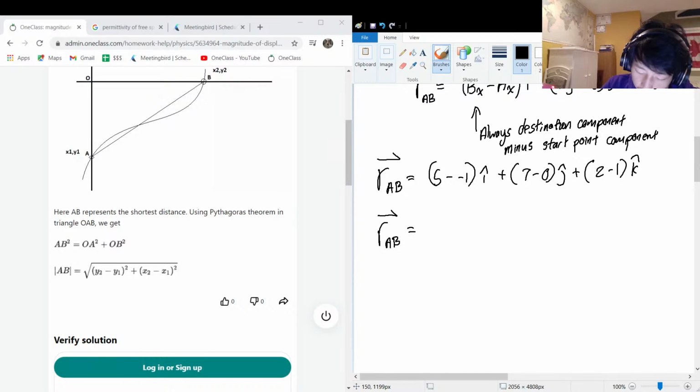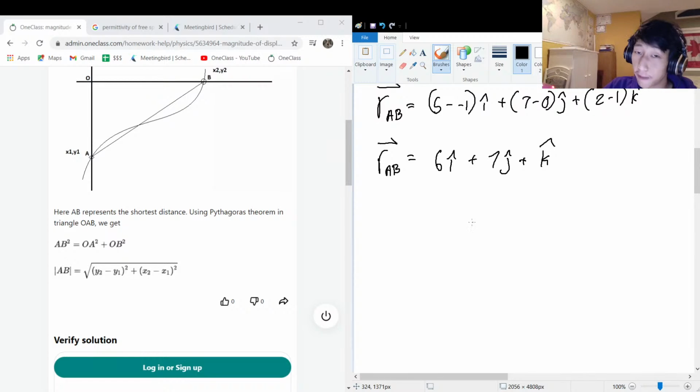Let's simplify this. 5 minus 1, 6i, plus 7 minus 0, that's a nice easy one, 7j, plus k. Well, it does have a coefficient of 1 in front of it, but we don't need to write the 1. We know it's there. So this would be our vector.